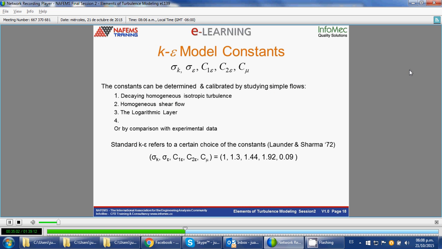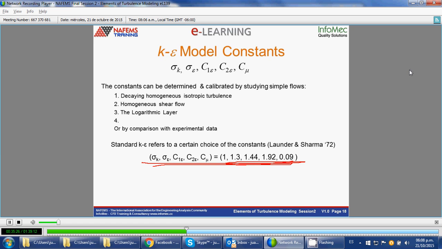So if you look at, let's say, ANSYS Fluent, and you want to run K epsilon, these are set by default as these values. And if you use that, you're using the standard K epsilon. If you want to change it, you have an option, but you need to know what to change it to.